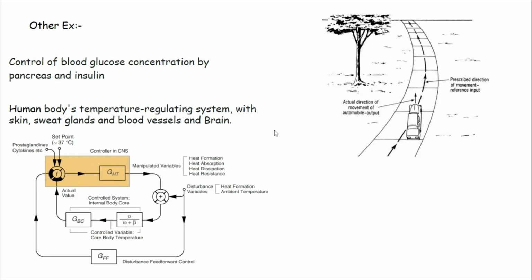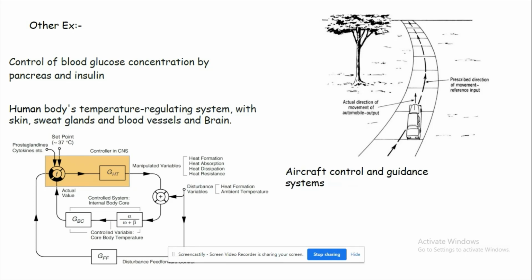So control systems are very common in our daily life, in engineering, and most obviously in air traffic control, satellite communication, missile guidance, etc. So there are some other examples of control systems.